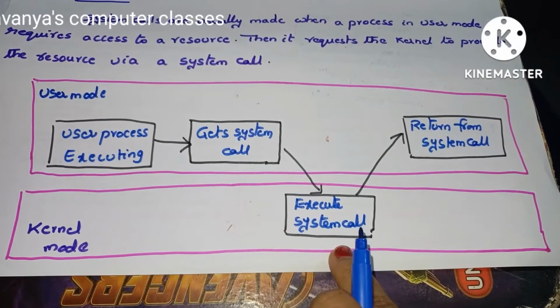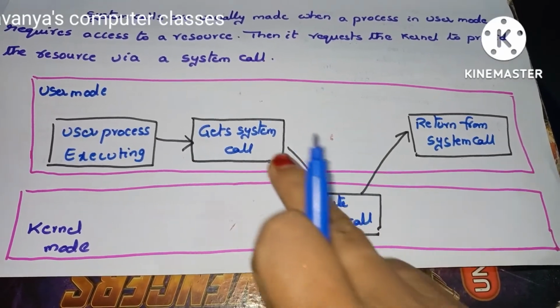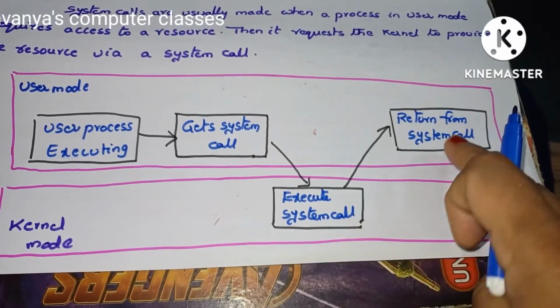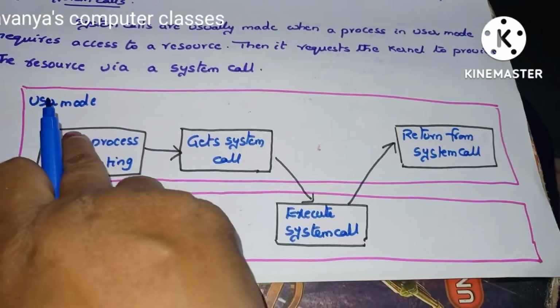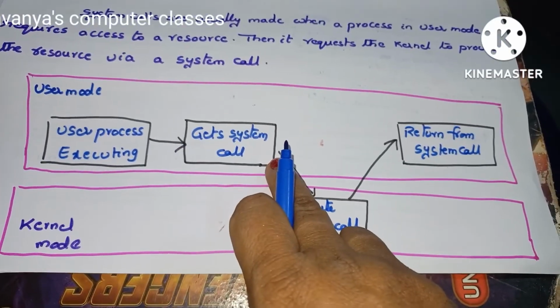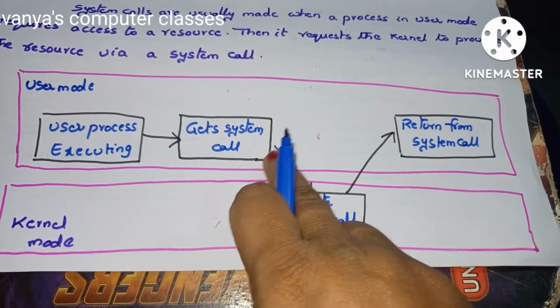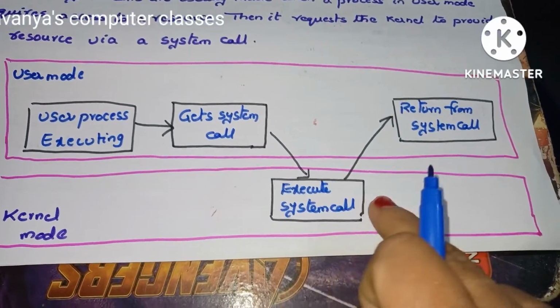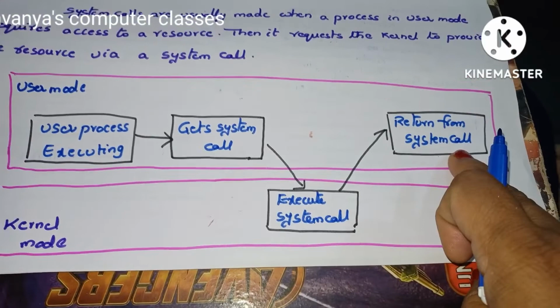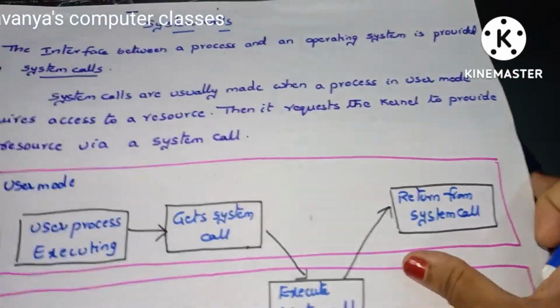It executes the system call, takes the request from the user mode, sanctions it, and again gives it to user mode. So a user process executes, gets a system call, up to here is user mode, then it jumps into kernel mode. Here the system call is executed and it jumps again into user mode. So this is the process of system calls.